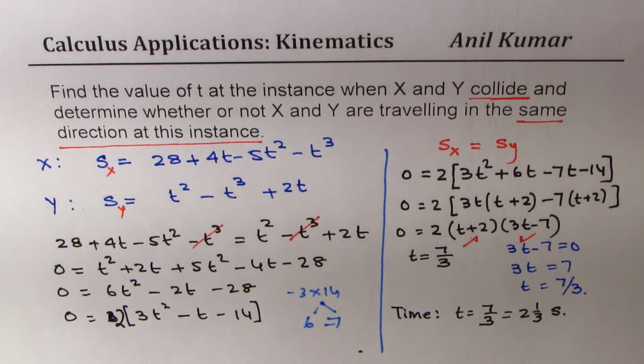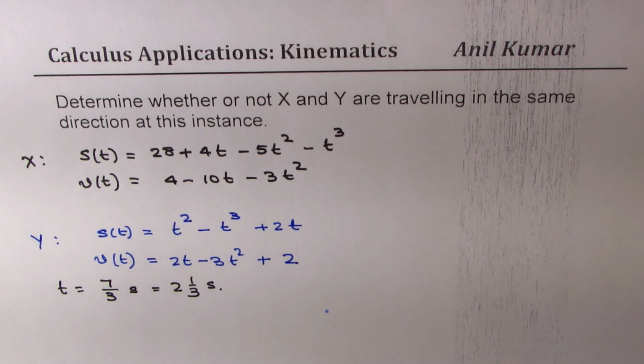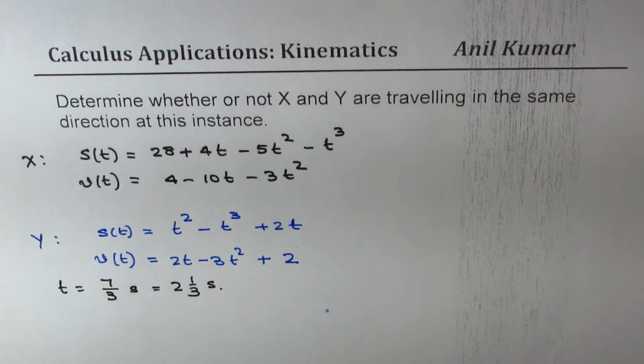But now let's continue with this video and figure out whether these two particles were traveling in the same direction or not. Now we are in the last phase of our solution, and you need to find whether these two particles were traveling in the same direction or not when time was 7 over 3 seconds, rather when they collided, right?